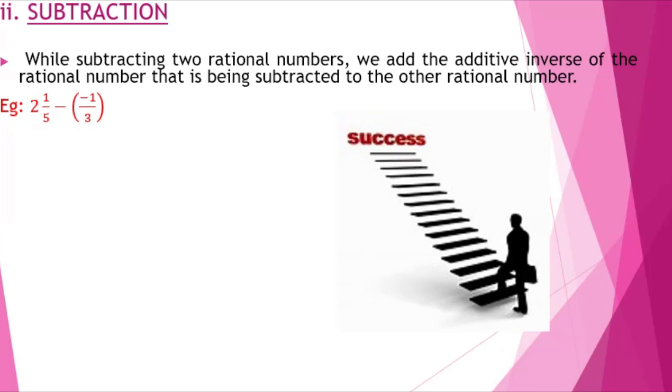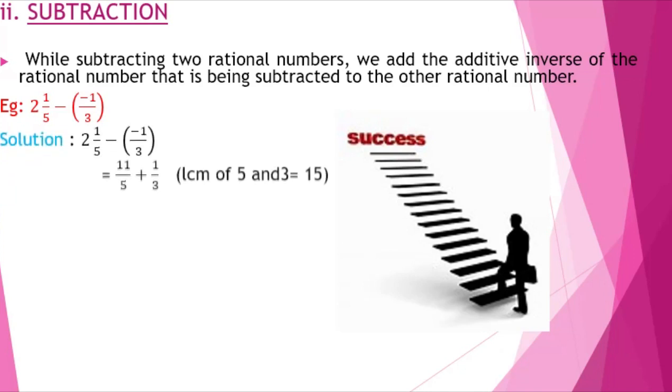While subtracting, the first step is to convert the mixed fraction into an improper fraction. Then subtraction of rational numbers means addition by changing the sign of the number to be subtracted. That means by changing the sign of the second number written.